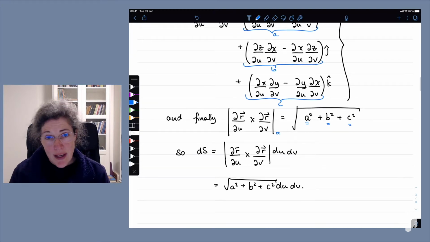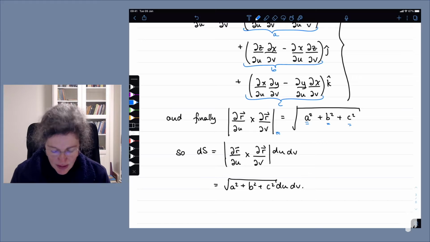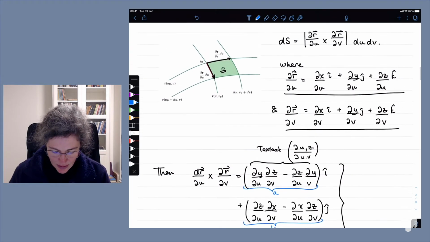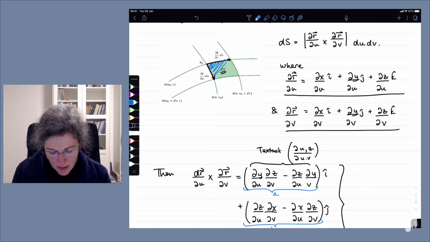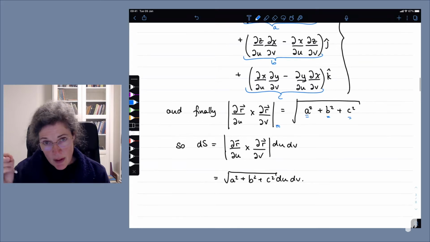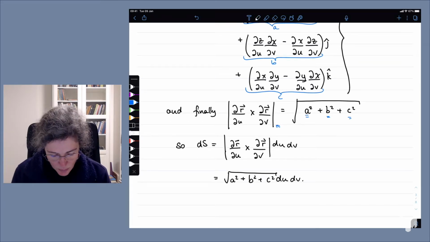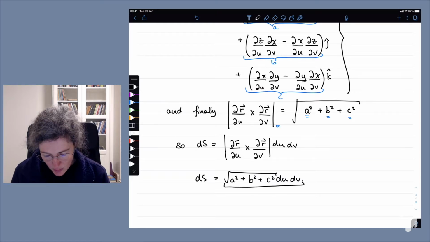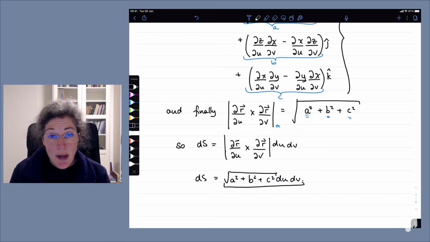Okay, so finally, what does this give us? This says that for our parameterized surface, if we want to find the value of this little area bit there in terms of our parameters, then what we need to do is calculate this thing over here. And why do we want to do that?